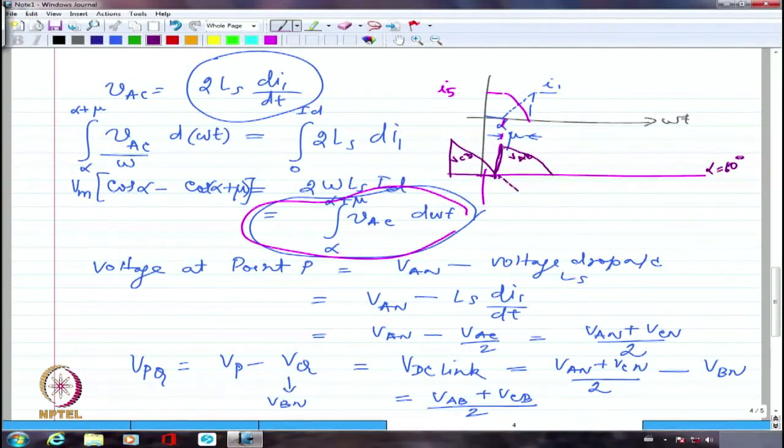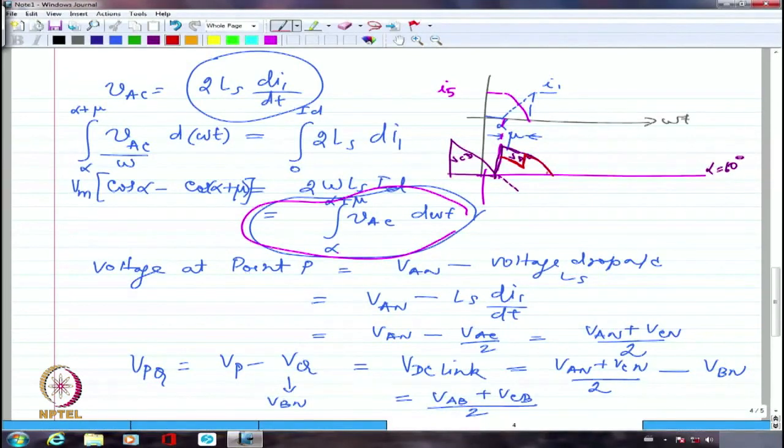VAB is like this. I should take the average between the two. The average between the two will be somewhere here. You get my point? Because this is VCB. VCB is definitely going below 0. So, I am going to have during the overlap, this is going to be the output, and then it is going to jump up to VAB again.